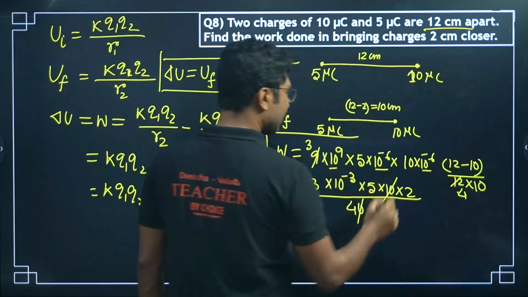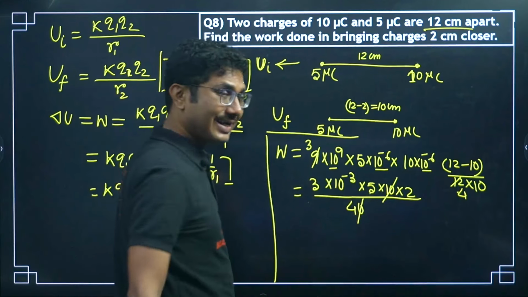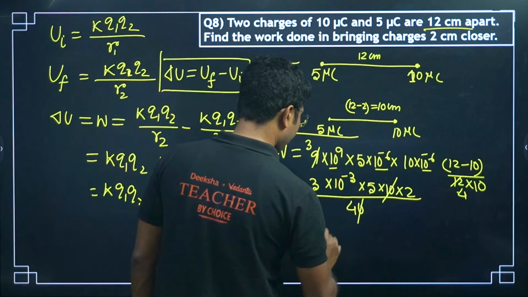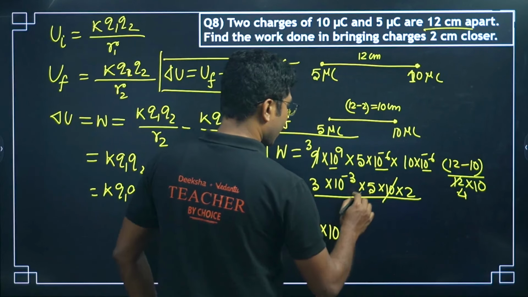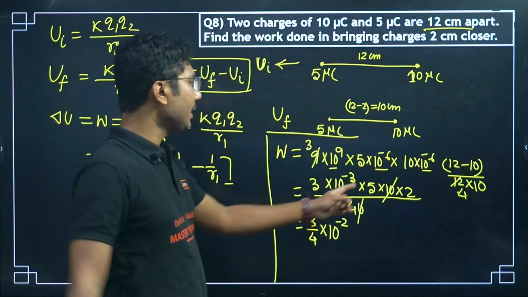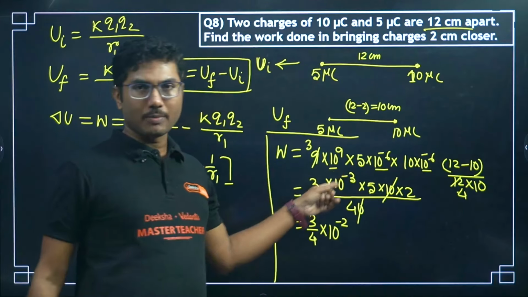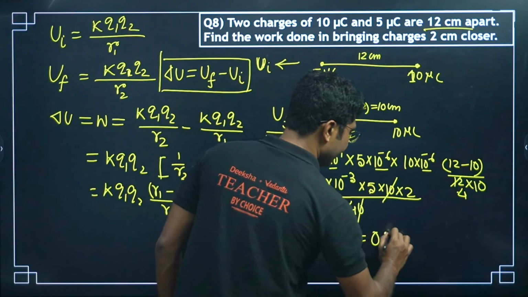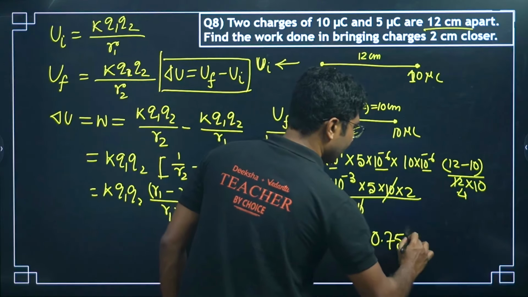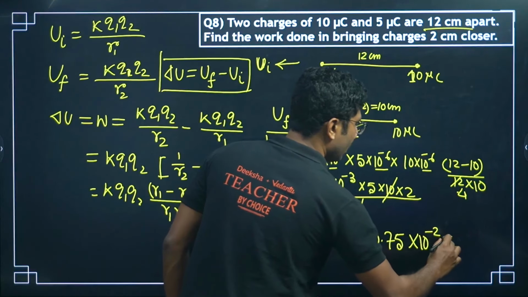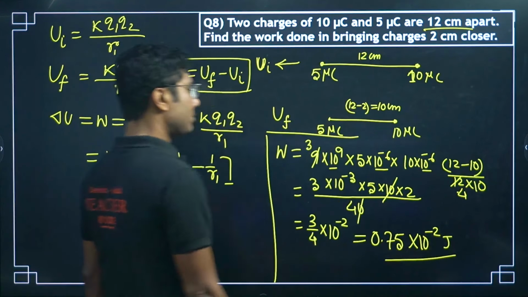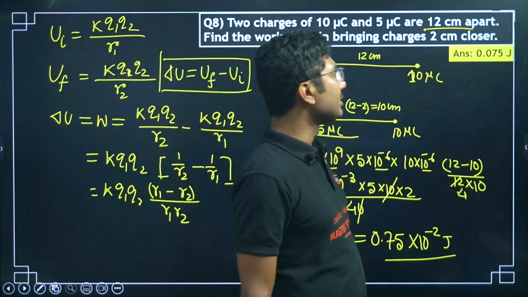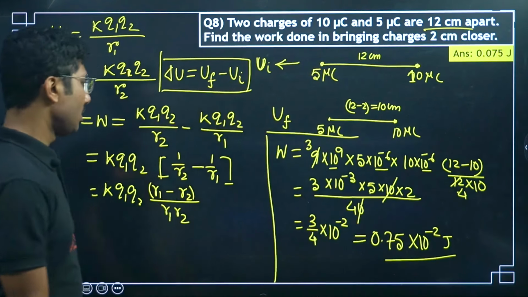So, this 10 cancels, 5 2s are 10, which means it will be 3 by 4 into 10 to the power of minus 2. 5 2s are 10, 10 into 10 to the power of minus 3 means 10 to the power of minus 2. Now, 3 by 4 is basically 0.75 into 10 to the power of minus 2, and because it is a work done, the unit will be in joules. So, it will be 0.075 joules. Okay.